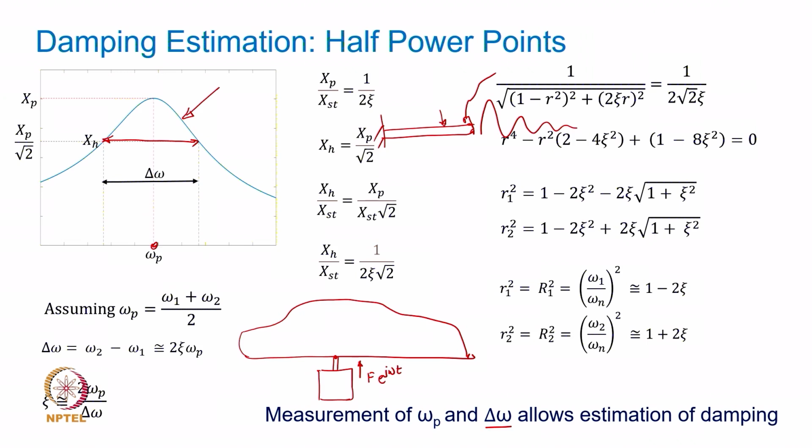So, there are a lot of pros and cons in these two alternate methods, one using logarithmic decrement and one using the half power point method.